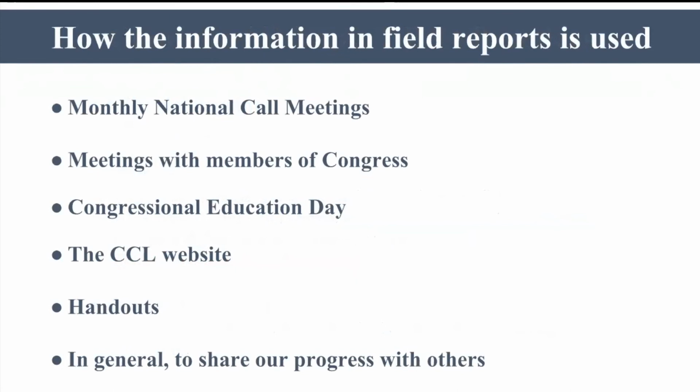Our CCL website shows current and past statistics based on our field reports. You can go to CCL's main website, About and Accomplishments. Having accurate information about published media, outreach events, and meetings with members of Congress allows us to share our progress with other NGOs, members of Congress, donors and funders, and the general public.